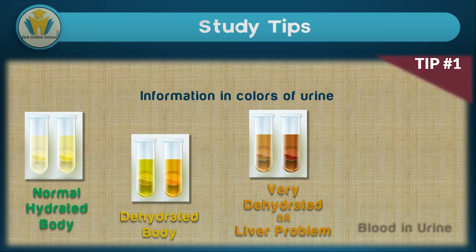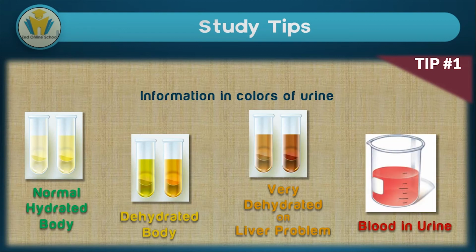So when you see brown urine, don't hesitate to see a medical personnel. Now, we've also got the last kind of urine that someone might excrete, which is urine with blood. This urine usually indicates that someone has got a disease. Make sure you know what each of these 4 kinds of urine indicate.